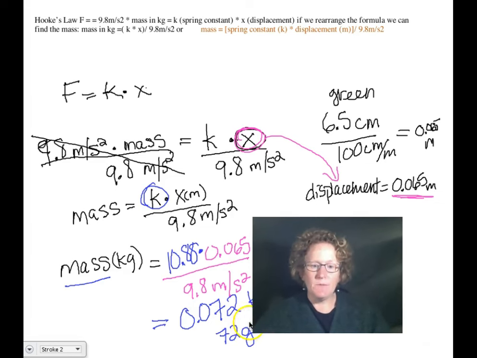So I'm happy with this answer, and I'll let you do the other two problems. You can use the same spring constant because the spring constant of a particular spring is constant.